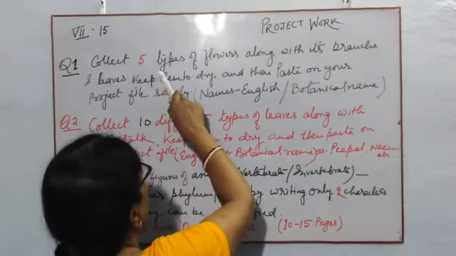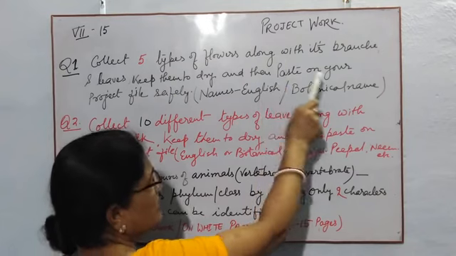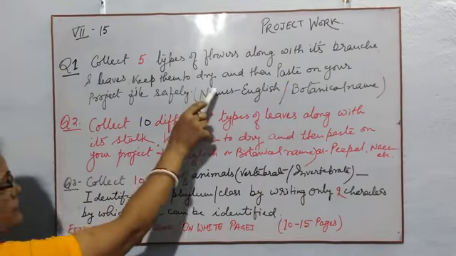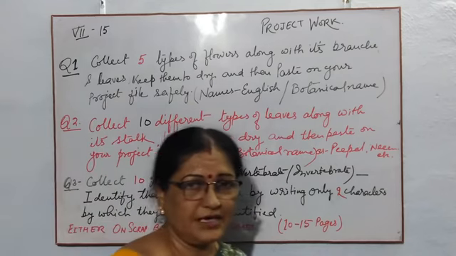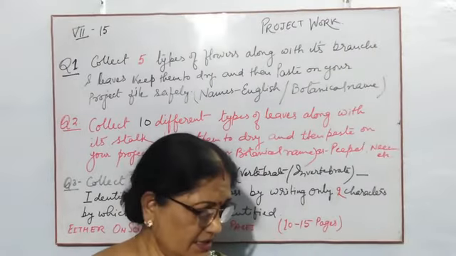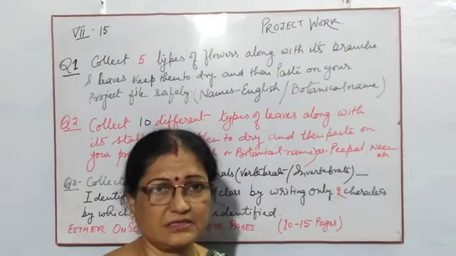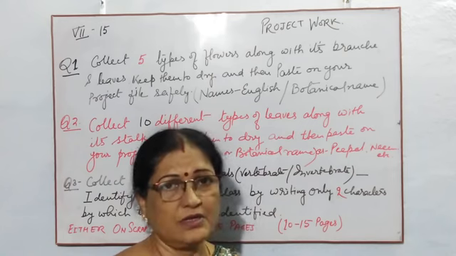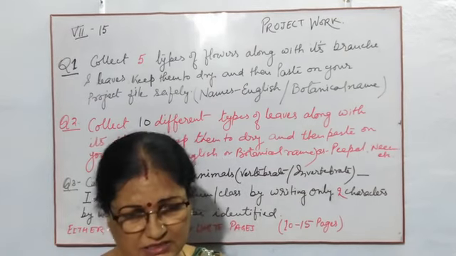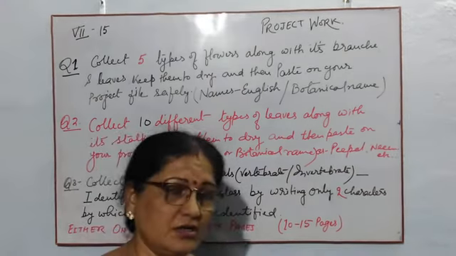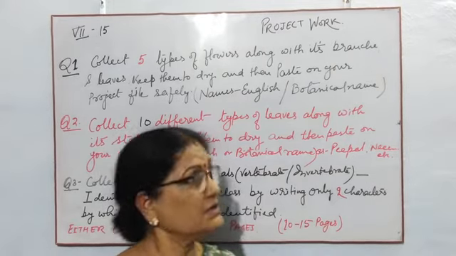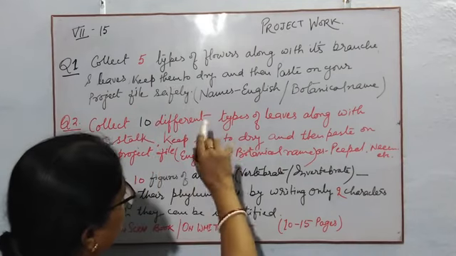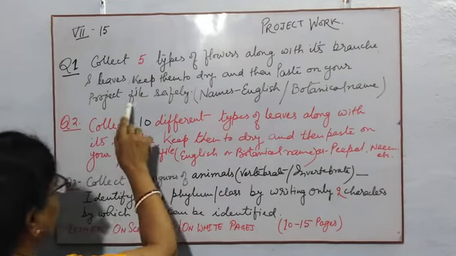So in this way you have to collect 5 types of flowers along with the branches and leaves, and then keep them to dry under some newspapers or some heavy books that you have at home, whose elders are studying with them or whose studies are already over. In those books you can keep them to dry, and after drying you have to paste them on your project file or scrapbook.